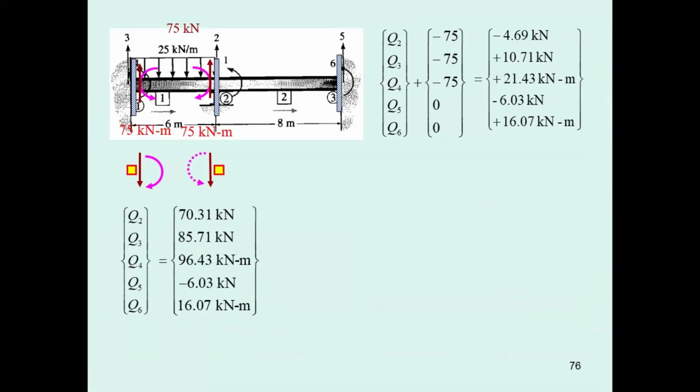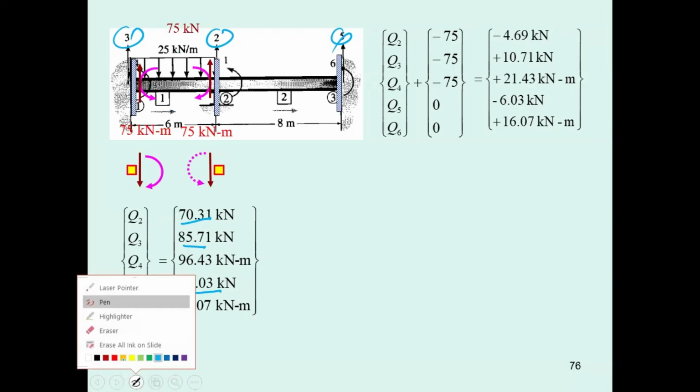Then you got to write for the reaction. What's going to be Q2? This is positive. Q3, positive, upward. Okay. Q5 is going to be negative. All of this is going to be reaction force.